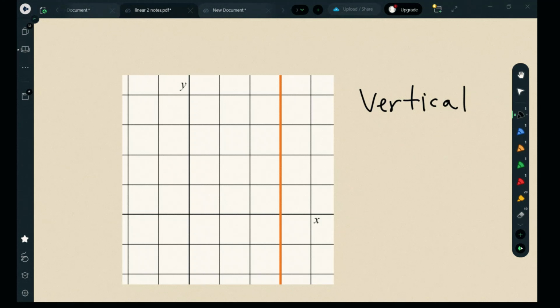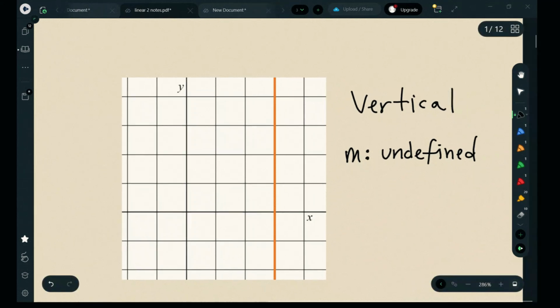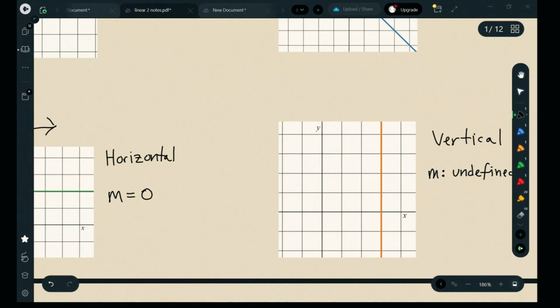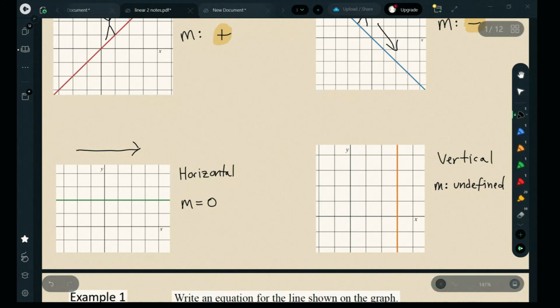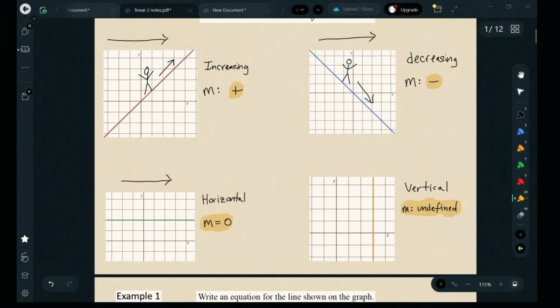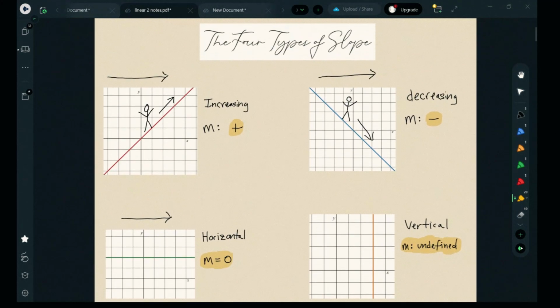Whenever you have a vertical line, the slope is undefined. We're not able to give it a numerical value. So those are the two special cases. For a horizontal line, slope is 0. For a vertical line, the slope is undefined. And those there are the 4 types of slope.